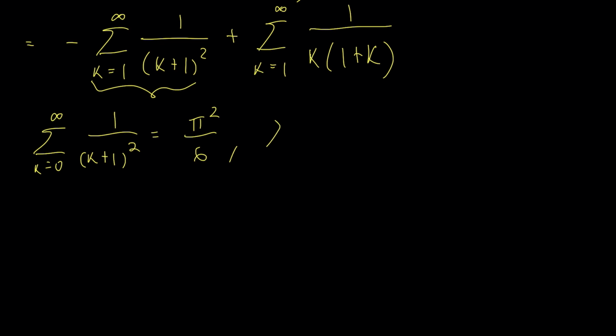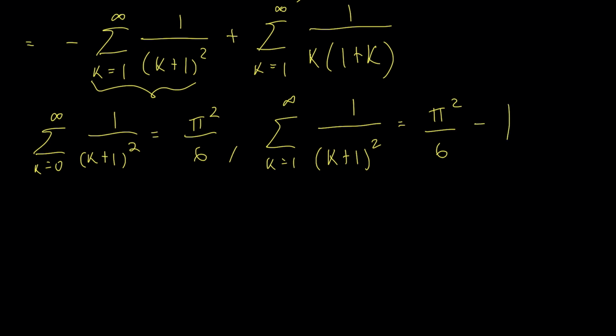So this means that the sum from 1 to infinity of 1 over k plus 1 squared would just be pi squared over 6 minus the first term, which will be 1.